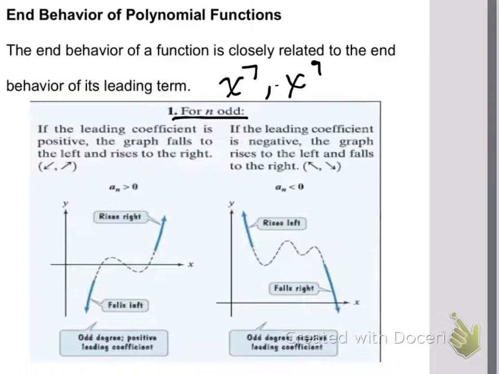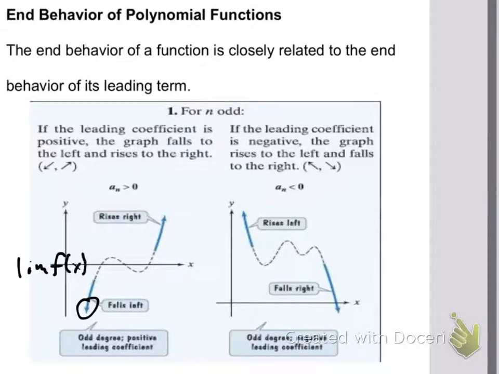And so what I want to do here is write the end behavior in terms of a limit. So how would we write this here? So we would say that the limit of f of x as x goes to negative infinity, so as we're going to negative infinity, where's the graph going?